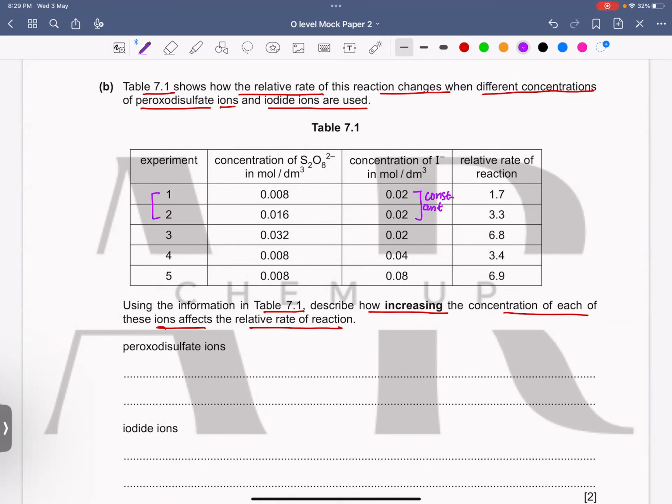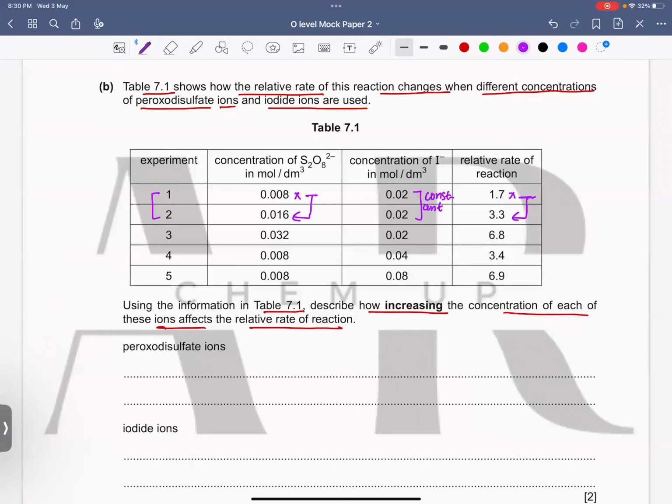It doesn't change. But if you see, the rate of reaction is actually increased by some factor. In the same way, the concentration of S2O8, that is peroxodisulfate ion, is also increased by some factor.